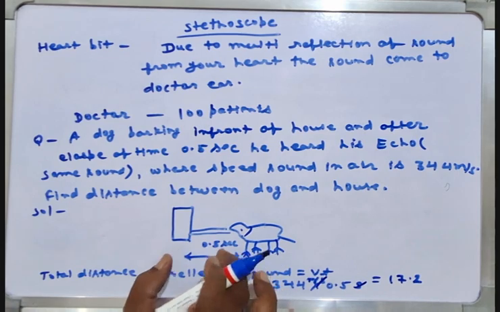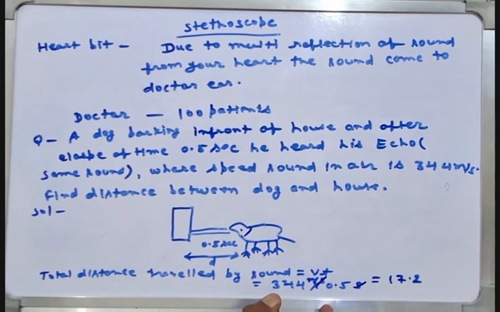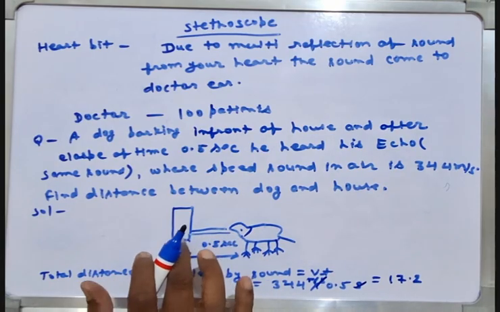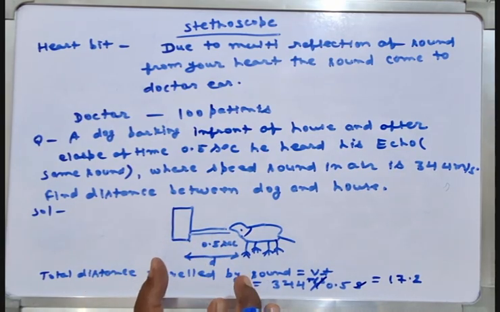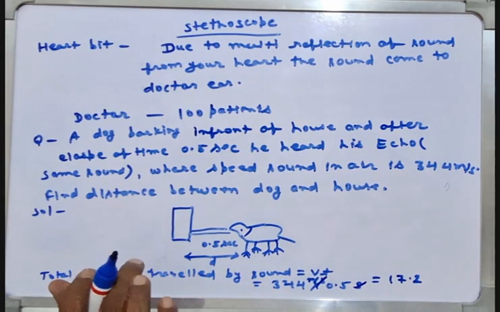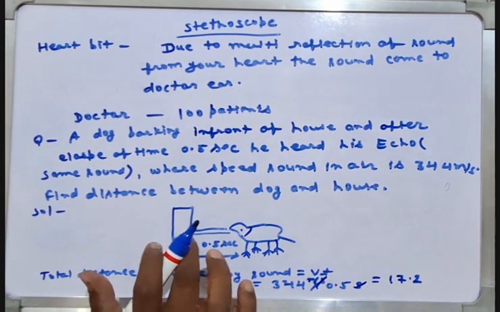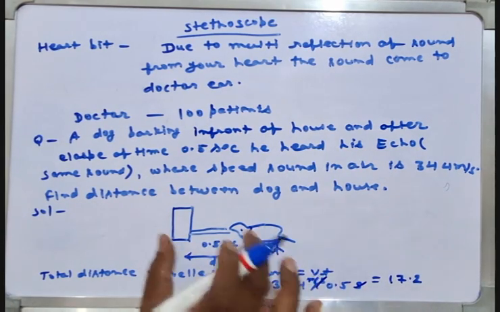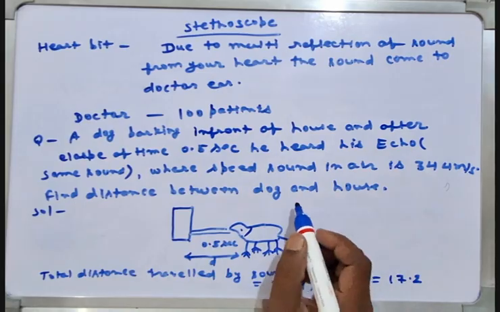So this one is the total distance traveled by the sound, which covers the incident sound wave travel and the reflected sound wave travel. So half the distance will give the distance between the dog and house.